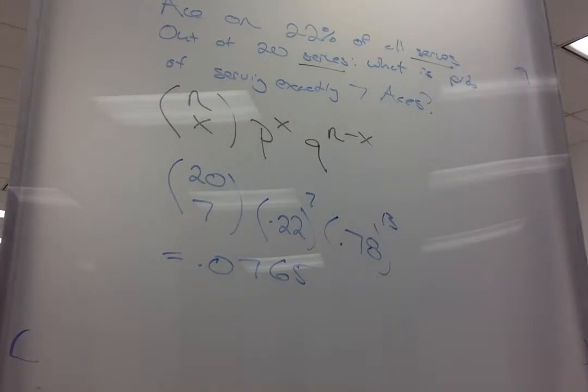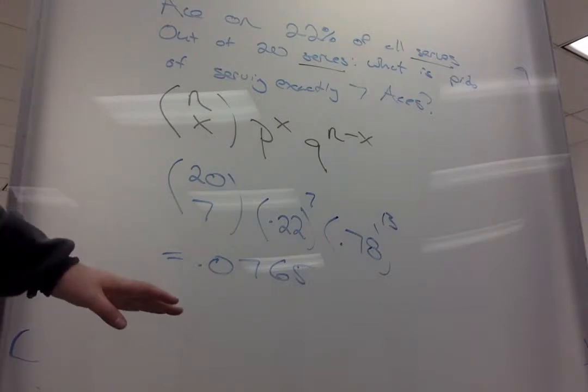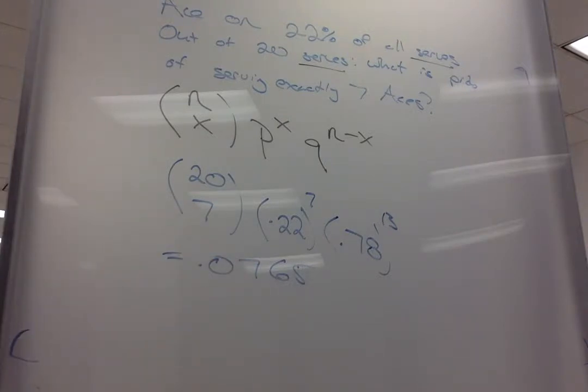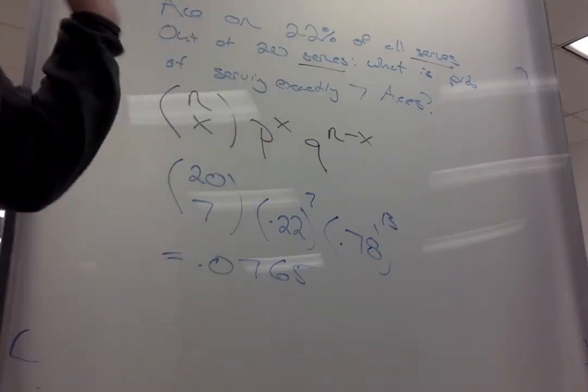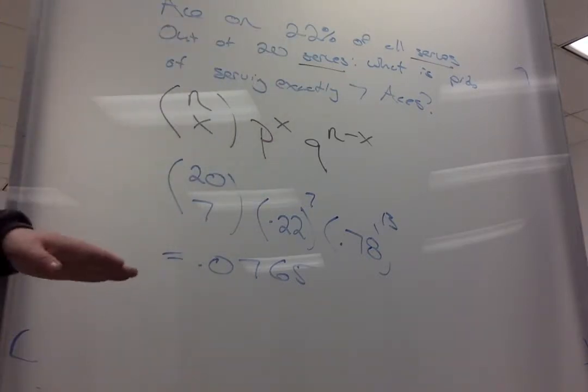Now, what is this saying? If this person were to serve sets of 20 serves, 7% of those sets of 20, they would have exactly 7 out of 20 ace serves. That's what this information is giving us.